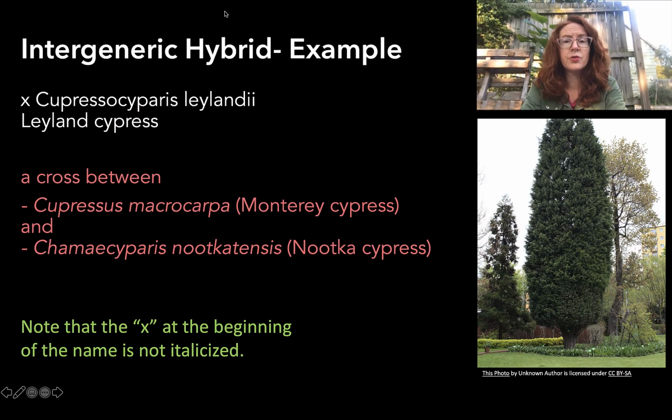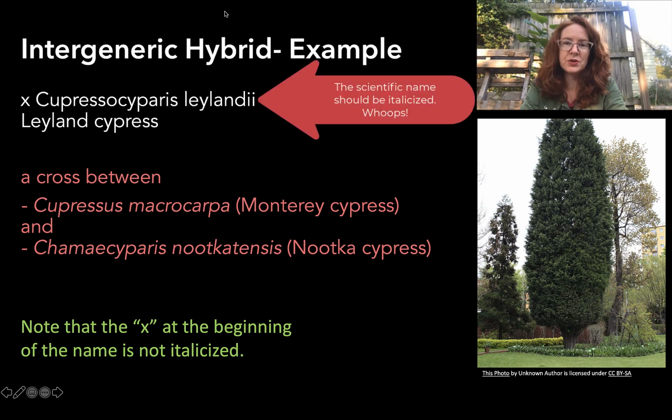So an example of one is X Cupressocyparis leylandii, sometimes just called Cupressocyparis leylandii. The common name of this plant is Leyland cypress.